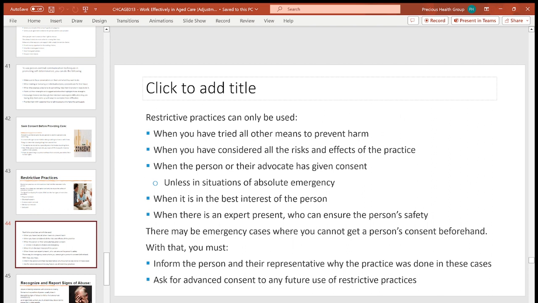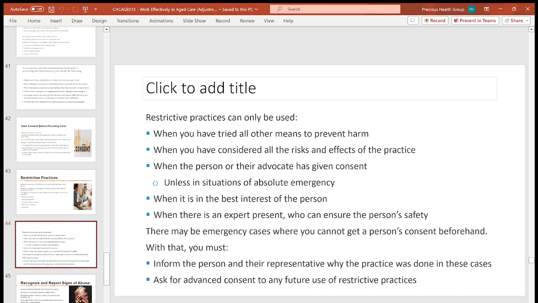When the person or their advocate has given consent that you can go ahead and use it, unless in a situation of absolute emergency. 4. When it is in the best interest of that particular person. 5. When there is an expert present who can ensure the person's safety.